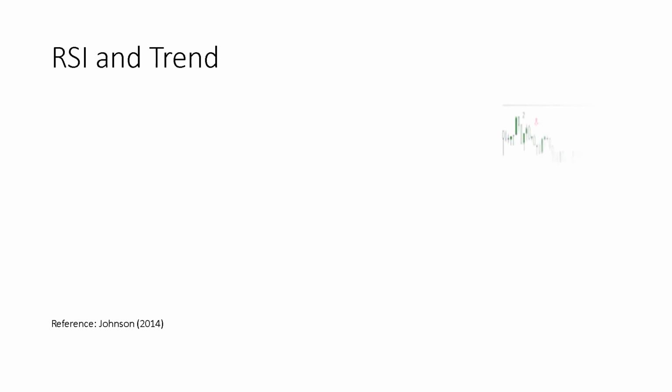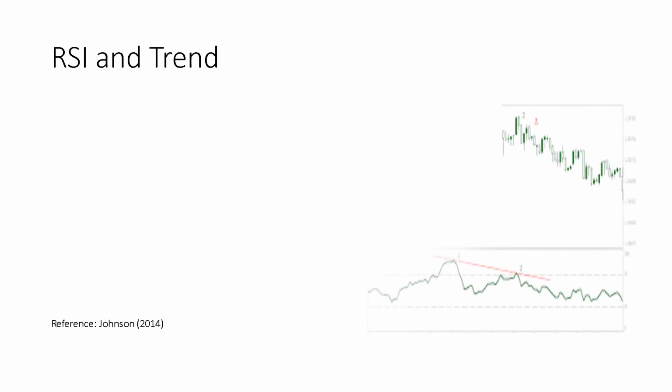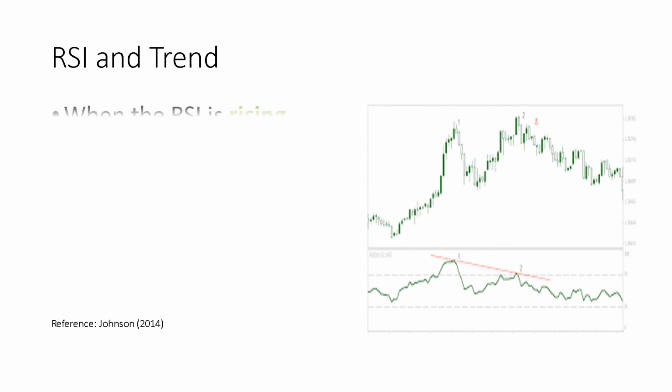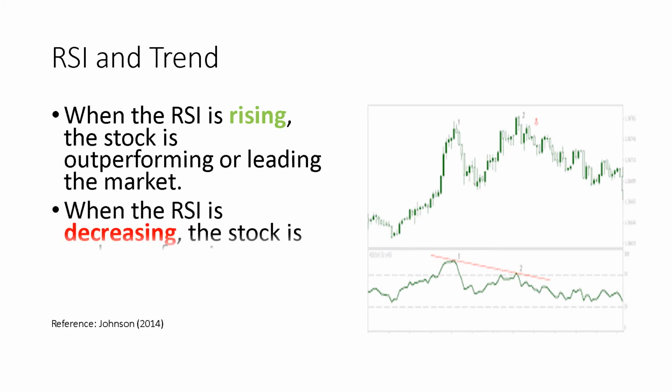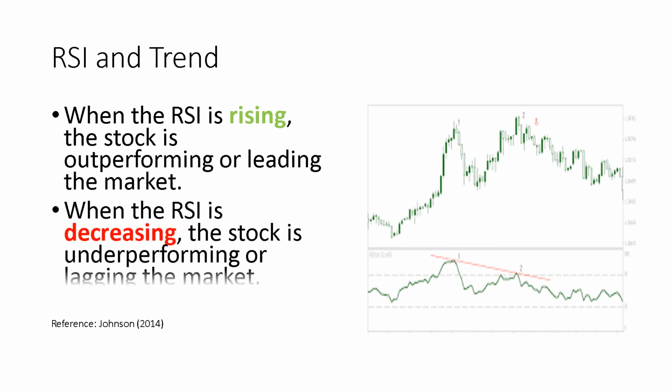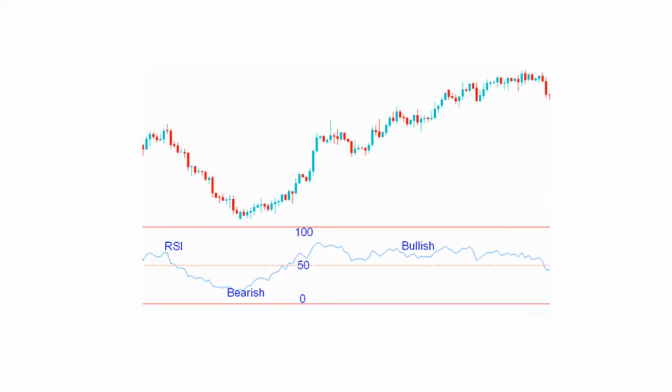Let's learn how to interpret the relative strength index. In general, when the RSI is rising, the stock is outperforming or leading the market. When the RSI is decreasing, the stock is underperforming or lagging the market. The RSI can range from a low of 0 to a high of 100.